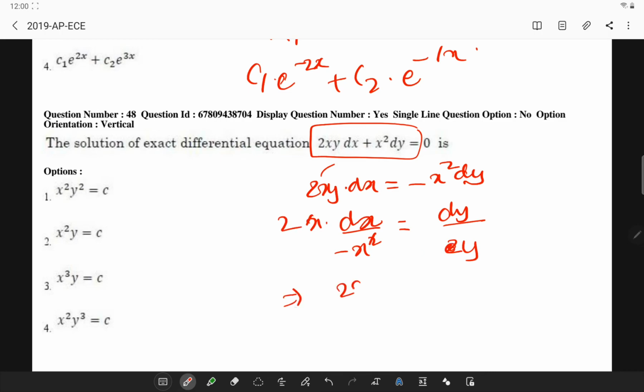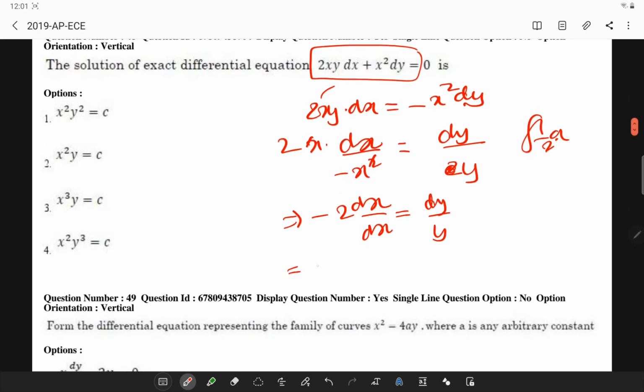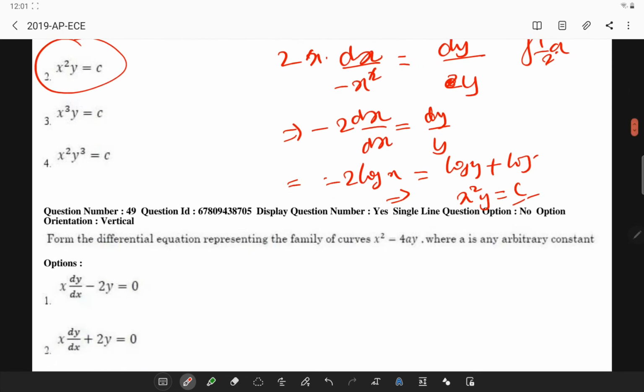Cancelling the terms, I'll be left with 2 dx by x is equal to minus dy by y. So integral 1 by x dx is log mod x. Here I'll be left with minus 2 log x is equal to log y plus log c. If I arrange the terms on a single side, I'll be left with x square y is equal to c, which is our second option.